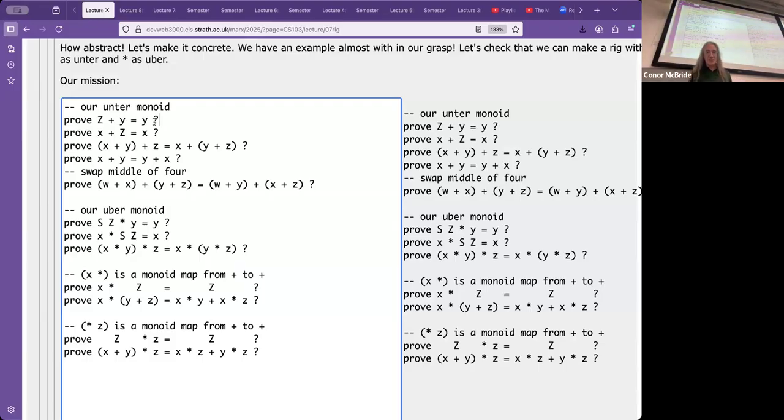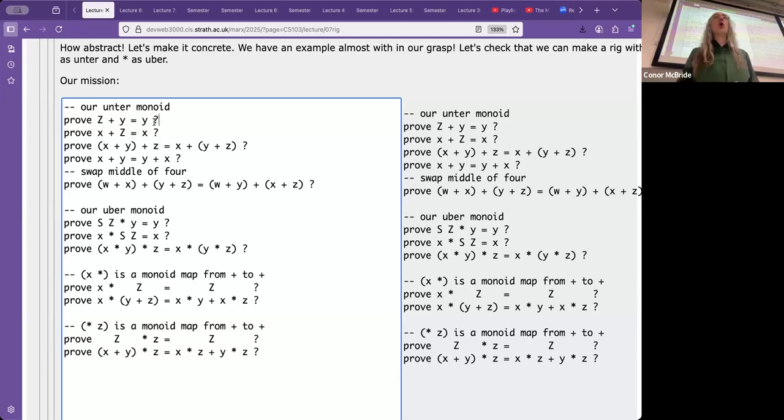It's associative, it's commutative. And then our ubermonoid is going to be multiplication. And here I'm saying it's got 1 as a neutral element and it's associative. The ubermonoid need not be commutative. It might be, it might not be.